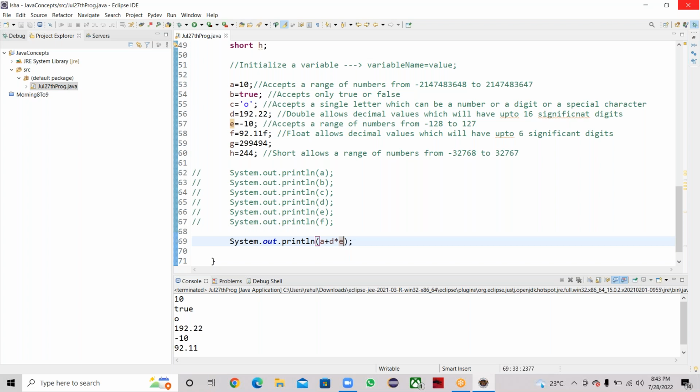Bhuvana, Haripriya, Geeta. Iqbal, what is your answer? What Uma said, I got the same answer. 192.2. Is this the answer? Clear?